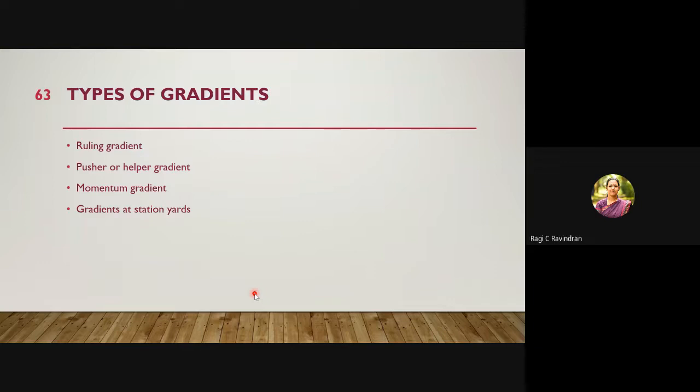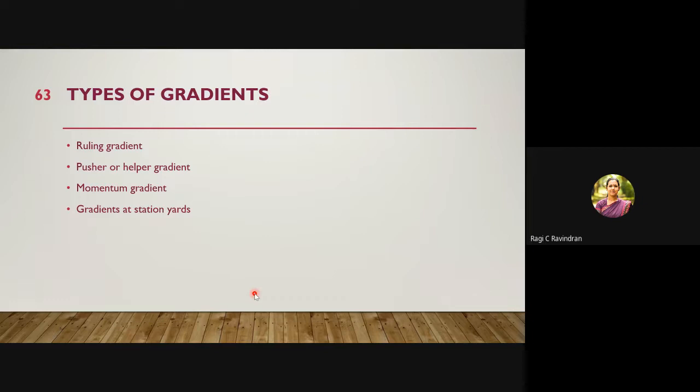Now we are moving to types of gradient. When types of gradients are asked during examinations, you need to write the definition of gradient. Then you need to write what the basic types of gradients are, like rising gradient and falling gradient, and again you need to list out these four types with appropriate explanation.